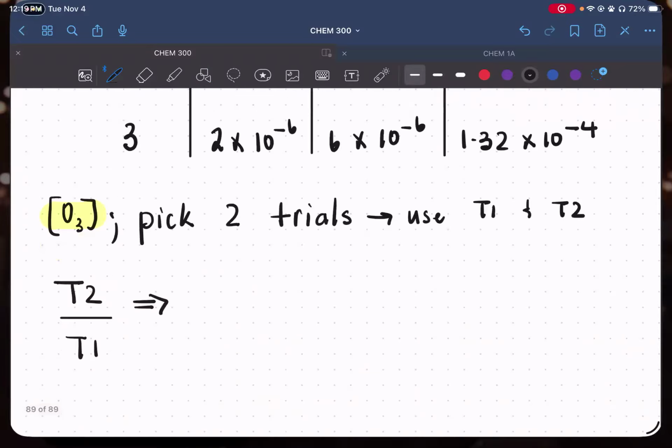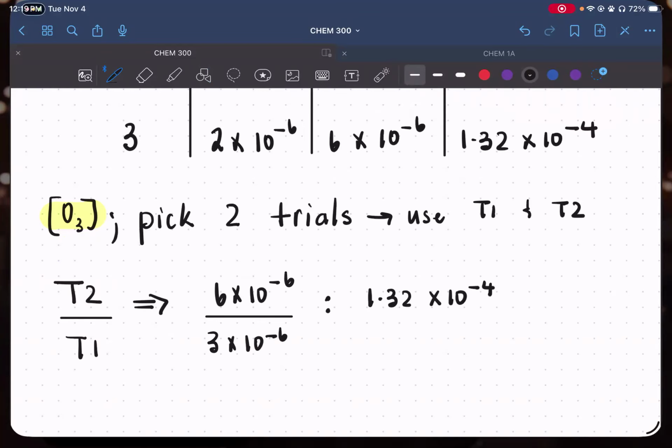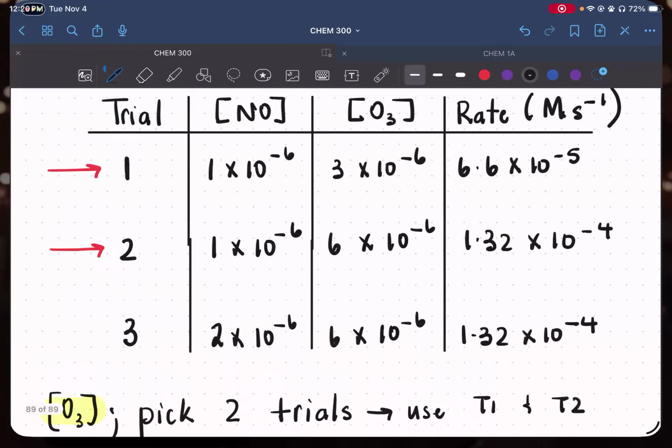From the data table, the concentration in trial 2 is 6 times 10 to the negative 6, all over 3 times 10 to the negative 6. The rate is 1.32 times 10 to the negative 4 for trial 2. The rate of trial 1 is 6.6 times 10 to the negative 5. Where does this data come from? It comes from the table.